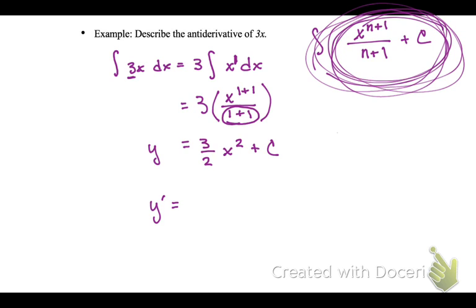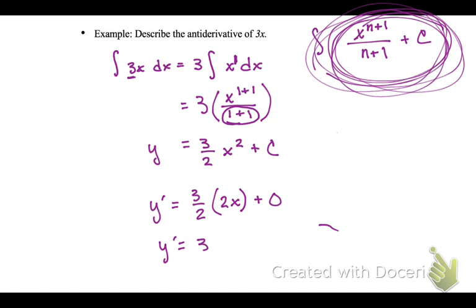Okay, so now I'm going to find the derivative to check my work. So how would I find the derivative? 3 over 2 x squared. So 3 over 2 times what? 2 x to the first. Yeah. And the derivative of a constant would be 0. Okay, 3 over 2 times 2 is what? 6 over 2.